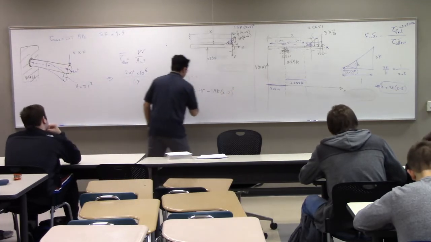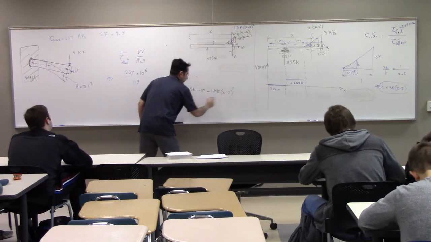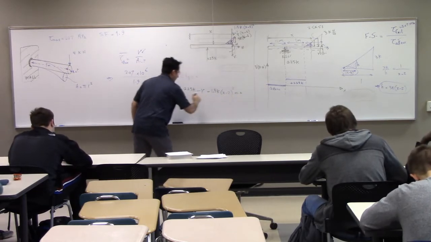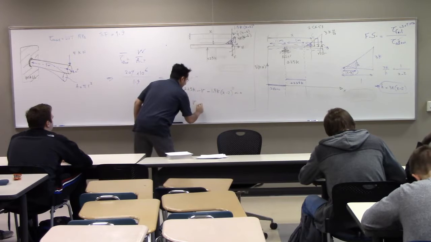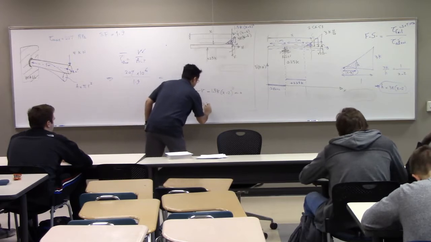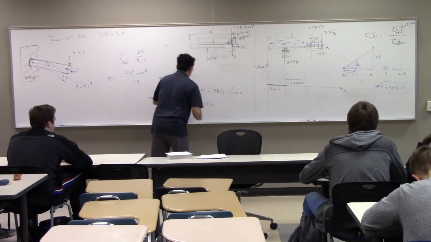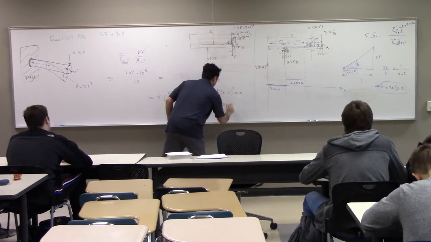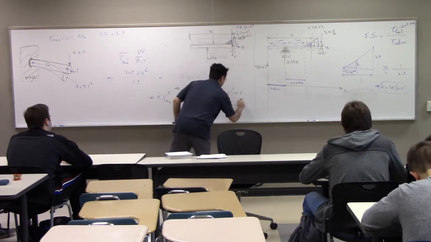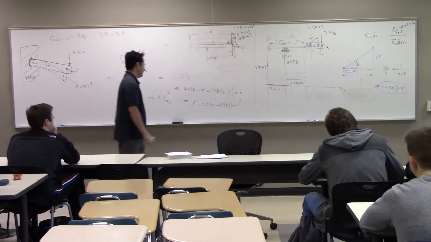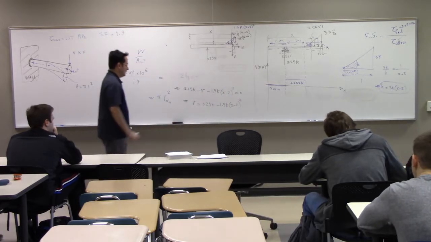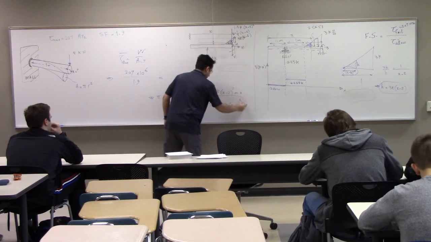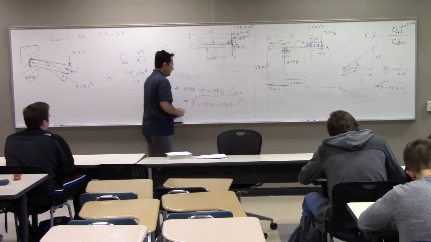Then you solve for V. Then V is equal to 0.25k minus 1.5k (x minus 2) squared. That's your shear relation. Now I want to plot it.